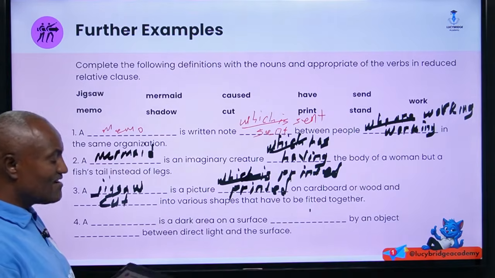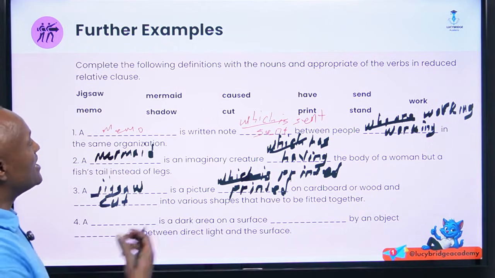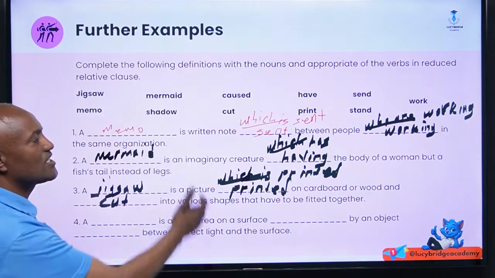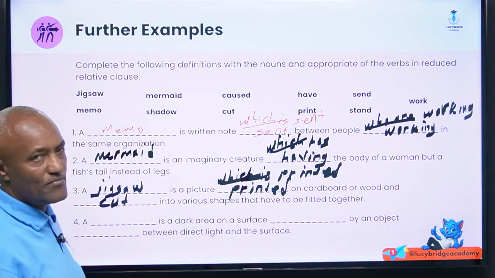If you don't have the knowledge of this reduced relative clause, you really face difficulty to tackle this type of task.